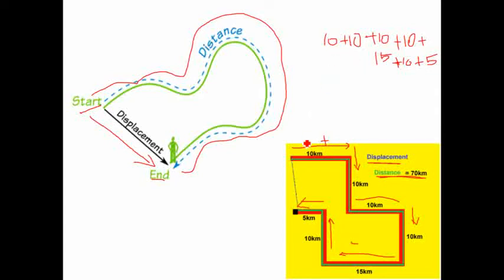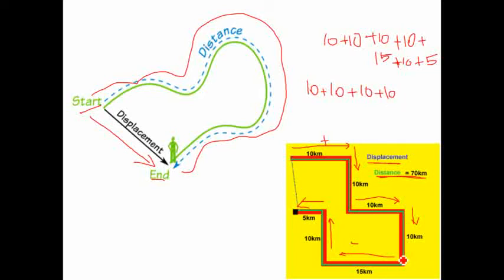So for this case, for the first value let me take it as plus 10, and from top to bottom again plus 10, and again from left to right plus 10, from top to bottom again plus 10.